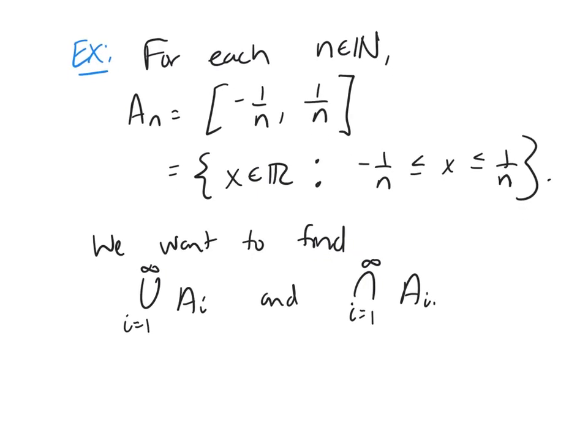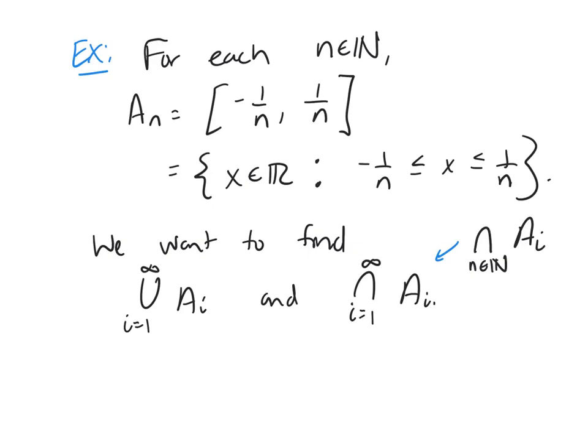Now these are just different ways of writing our notation. If you wanted to write these, you could also write them as the union over n in the natural numbers of A_n. That's another way to write it.